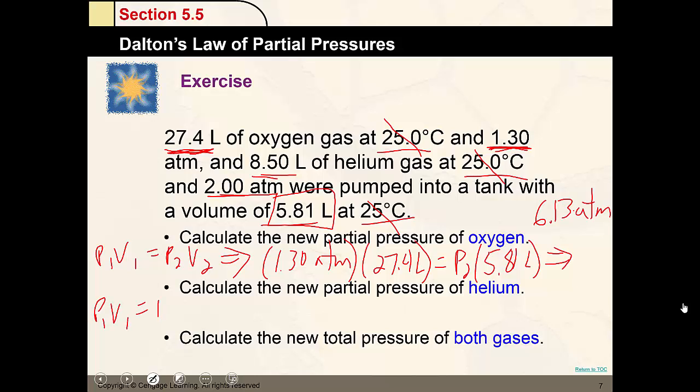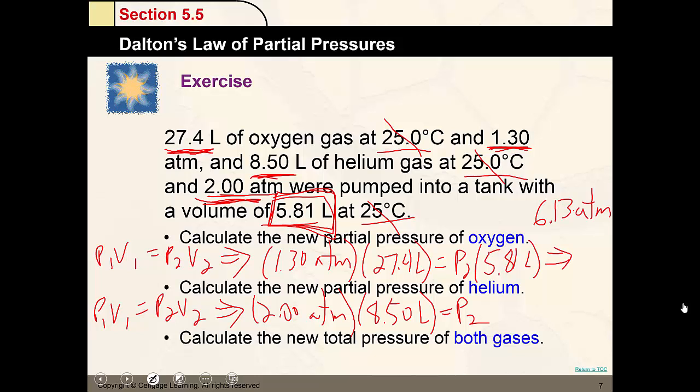Okay, now we can do the same thing for helium. Use the ideal gas law. So the initial volume of helium is 8.50, and the initial pressure, 2.00 atmospheres. And same thing, we're solving for the new partial pressure of helium, and it's going into the same exact tank.